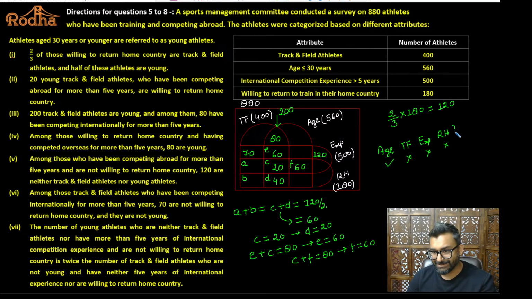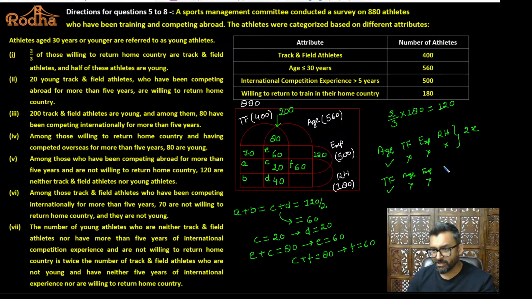This number is twice. Let's say this is 2x. This number is twice of what? Number of track and field athlete. That means they have track and field athletics. Okay. Who are not young. So that means we don't have to take age. And have neither 5 years of experience. Experience I will not take.